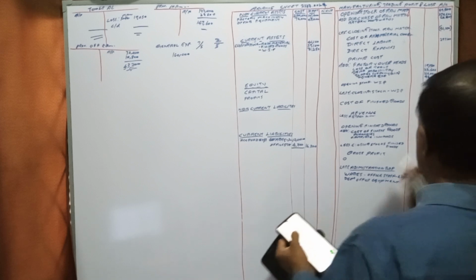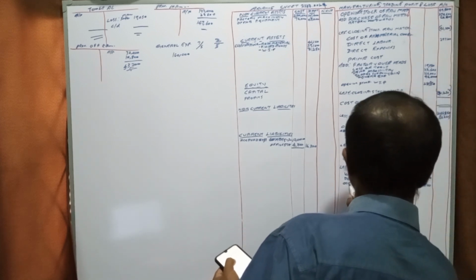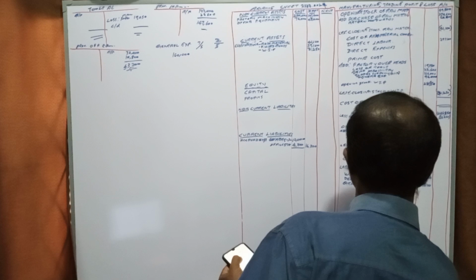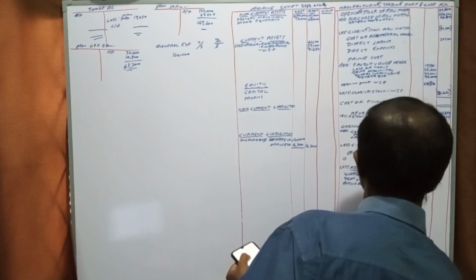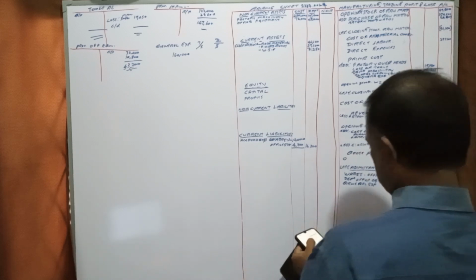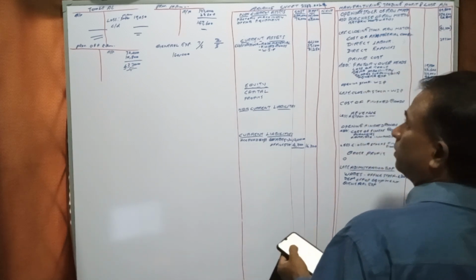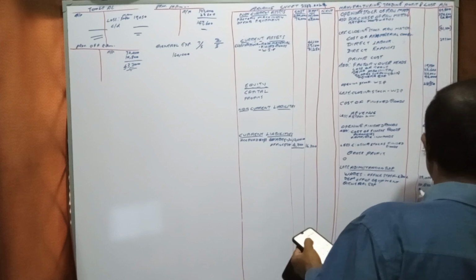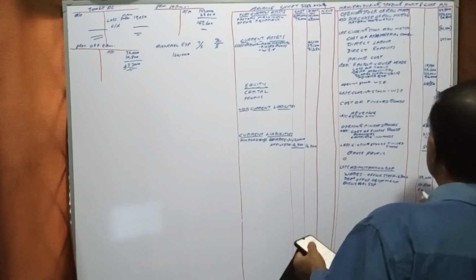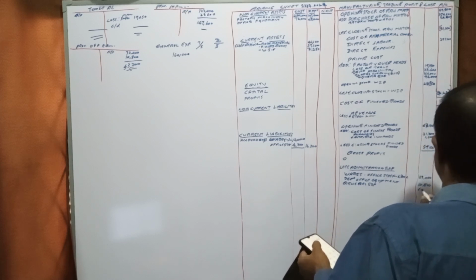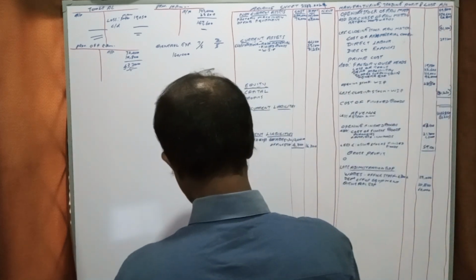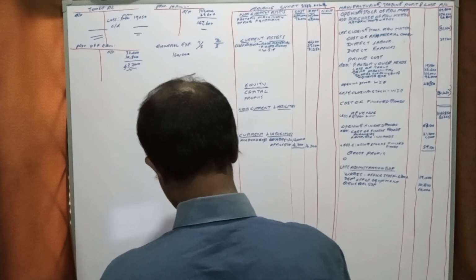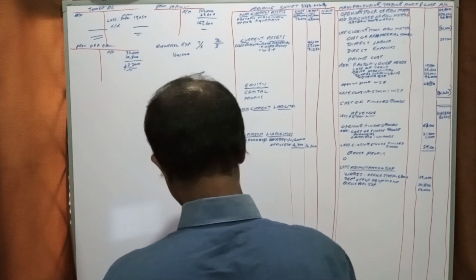General expenses 64,000, that means into 2, right?